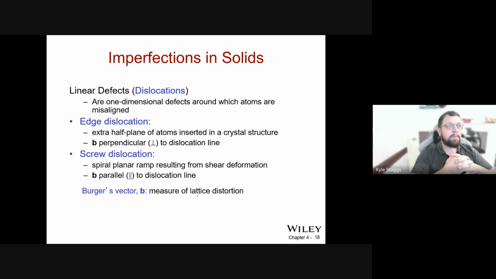And B is referring to the Burgers vector, which is a measure of lattice distortion. So the lattice is being distorted in a spiral within a plane in the screw dislocation, whereas in the edge dislocation, it's perpendicular to that dislocation line.